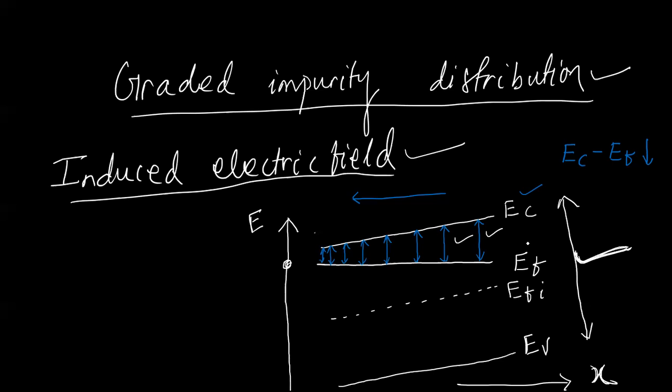In other words, if you are moving from right to left, then your doping concentration increases. So this is a schematic diagram just to indicate graded impurity distribution.